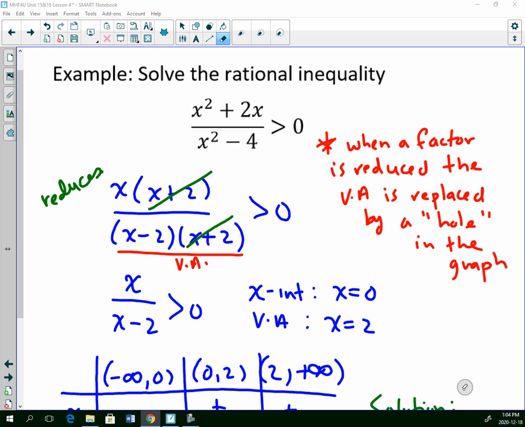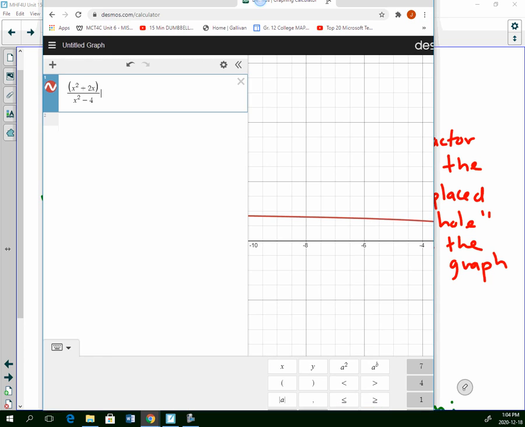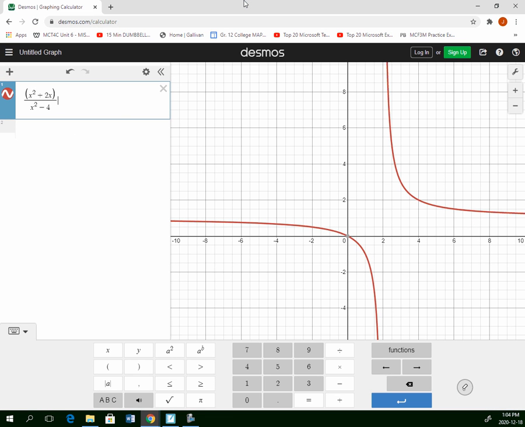I'm just going to put it in the original form. Okay, so here is the graph. Okay, so you can see that there are not 2 vertical asymptotes. There's only 1. And it occurs here at x equals 2. Okay, the one that was at x plus 2 that we factored and reduced is gone.